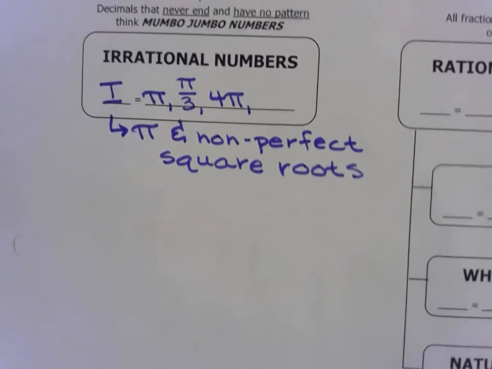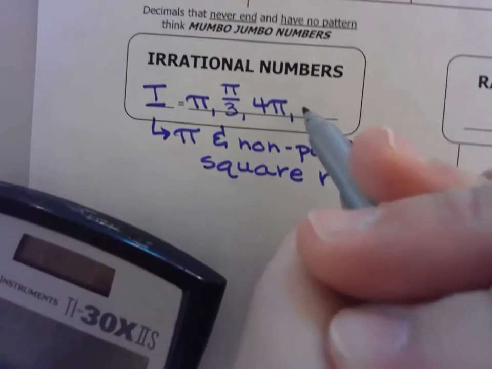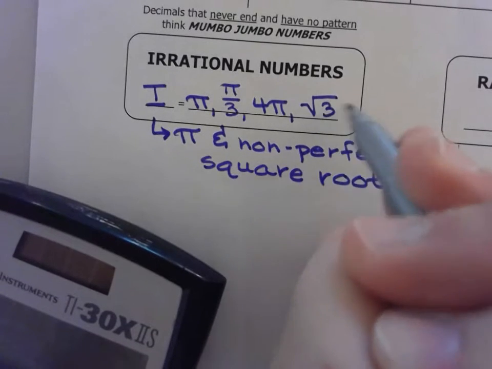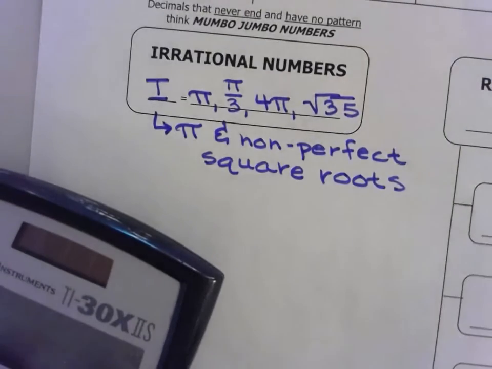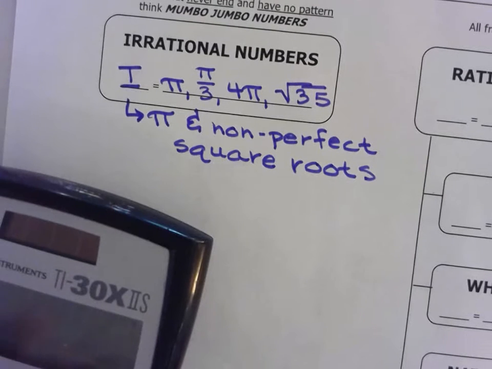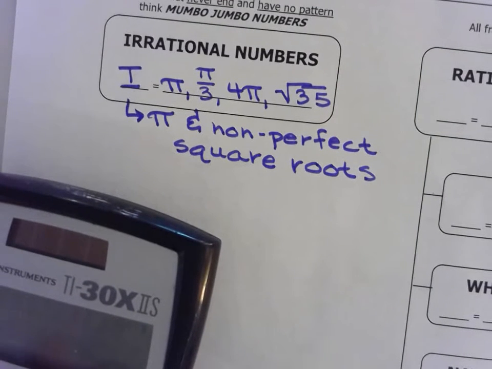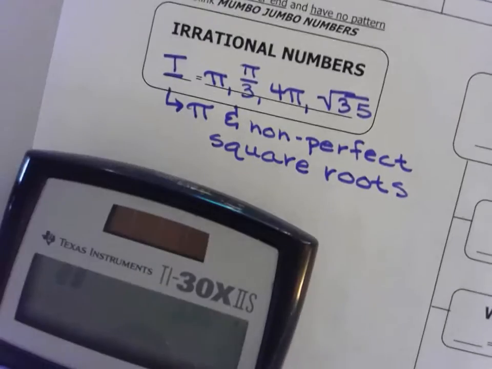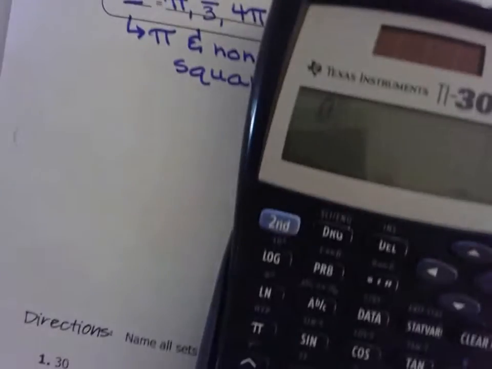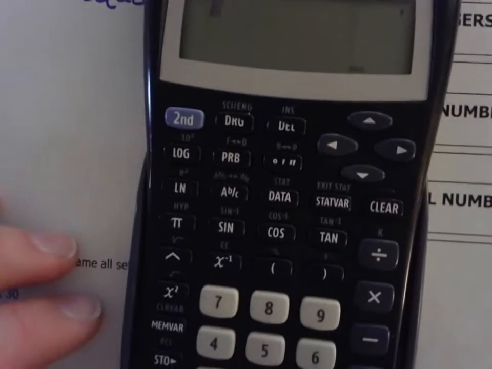The shortcut to tell whether a number is a perfect square or not is to plug it in your calculator. Let's say I have the square root of 35. Not all square roots are irrational. It is only irrational if it is a non-perfect square root. To tell, plug it in your calculator.